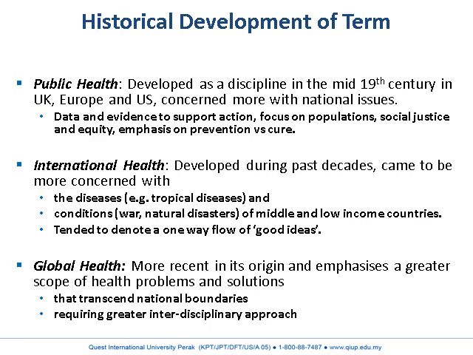Okay, and conditions like war and natural disasters in middle income countries and low income countries tended to denote a one-way flow of good ideas. So, developed countries were helping middle income and low income countries which are affected by diseases like tropical disease and conditions like war and natural disasters. It was like a one-way flow from developed countries to middle and low income countries.